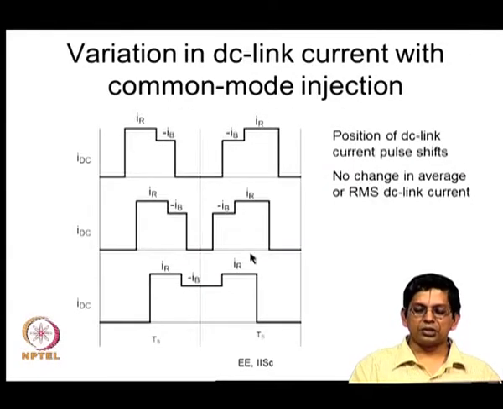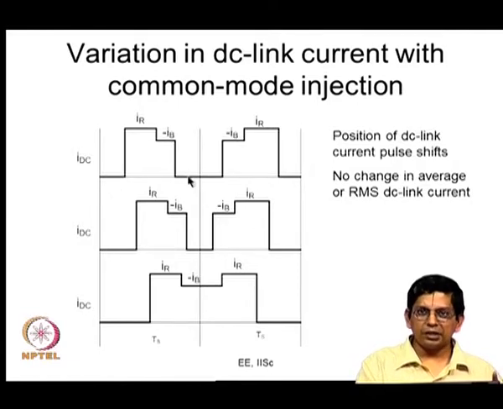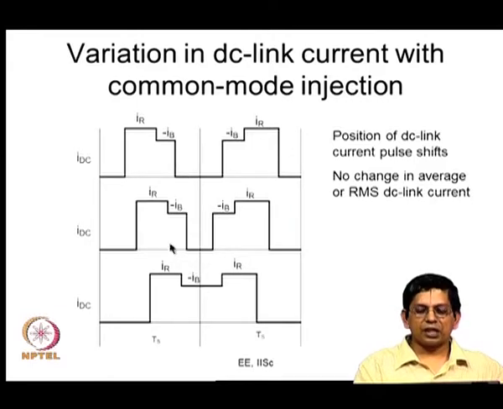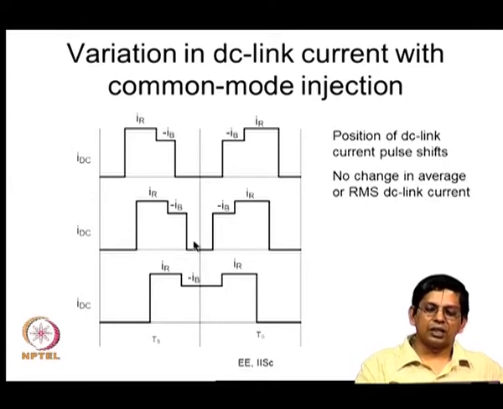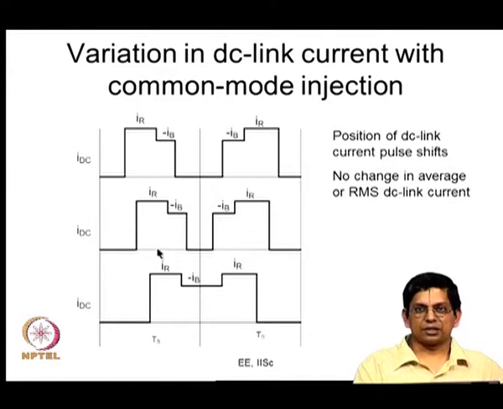Therefore, here it is the same inverter, same DC bus voltage, same modulation index and same load, everything same. And we are also looking at the same subcycle. The only difference is that we are considering a case where the null vector division is equal, and another case where the null vector division is unequal. That is, the common mode added here is different, the common mode added here is something else.